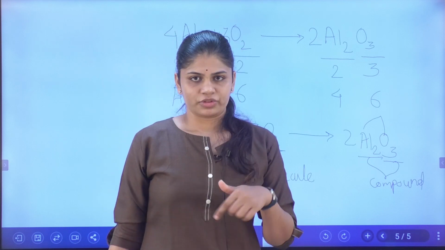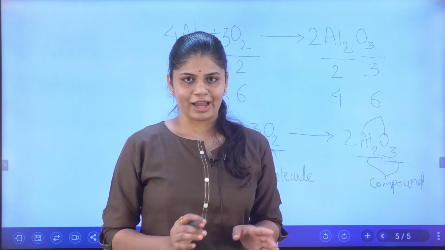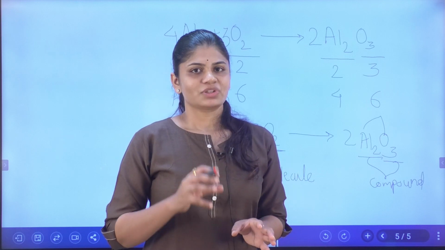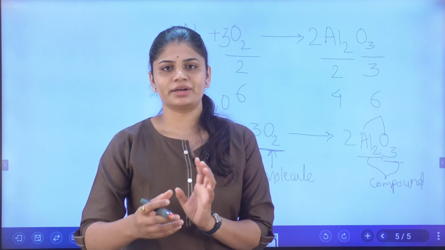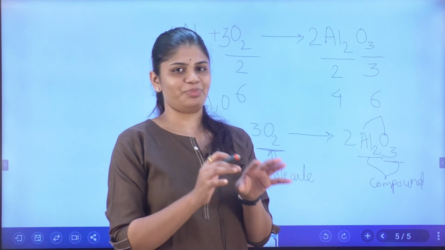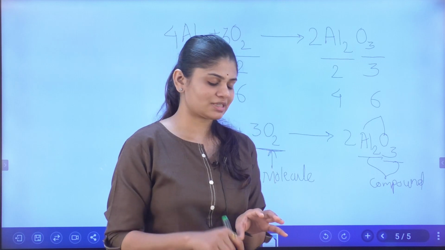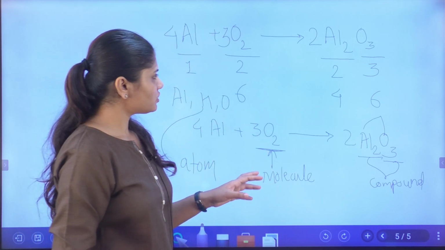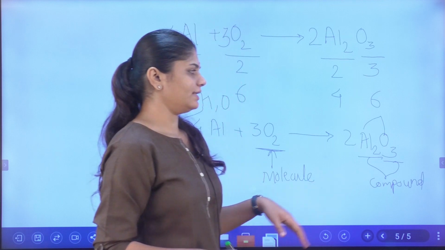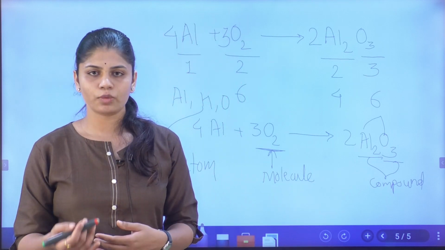For the definitions we already have the books. This is just to make you understand a very basic thing. I hope you might have learned it in the previous classes also. So this is all about balancing of chemical equations.